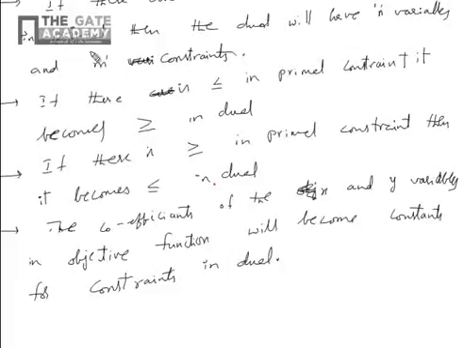So these are the points we need to remember while converting primal and dual. So we do one GATE question, and based on that you can understand the primal dual relationship. This is one of the important, easy to solve GATE questions.